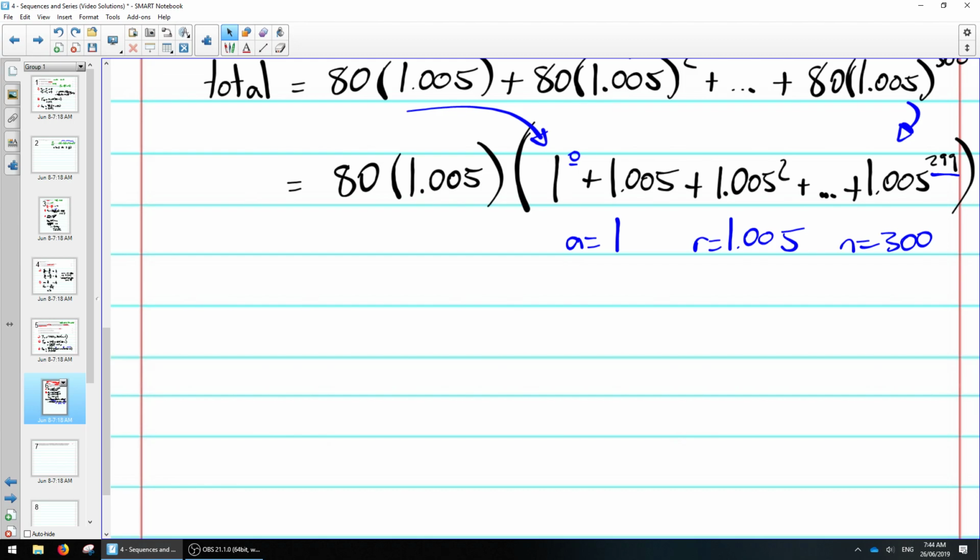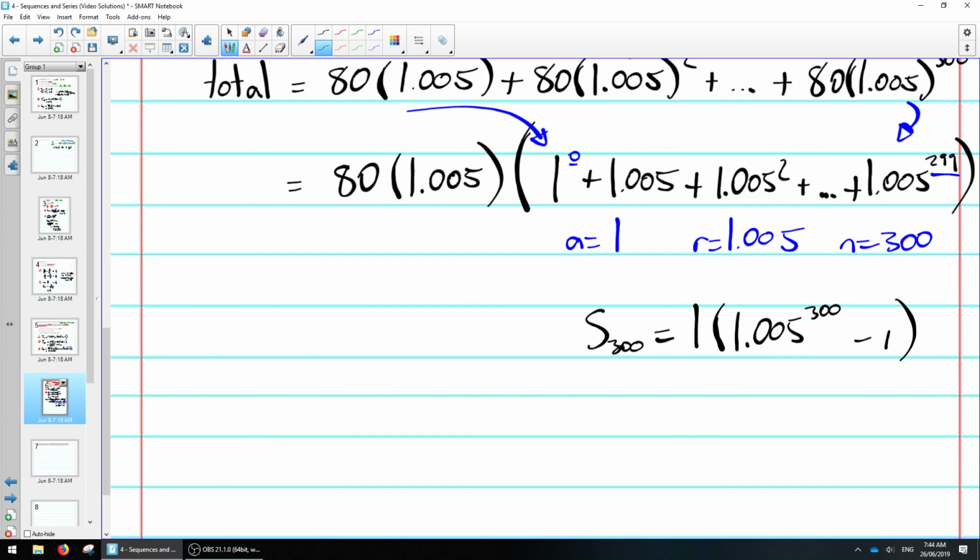When we factorize, we didn't immediately get rid of one of the terms, it's still there. So the sum of this, when you put it into the formula, S300, is going to be 1 times 1.005 to the power of 300 minus 1, over 0.005, because that's 1.005 minus 1.